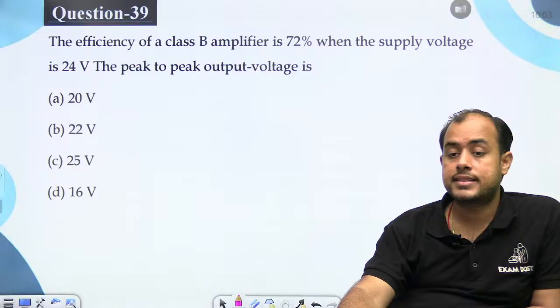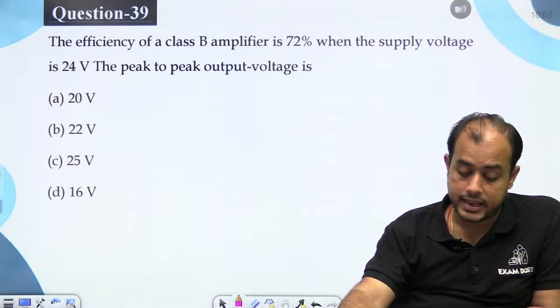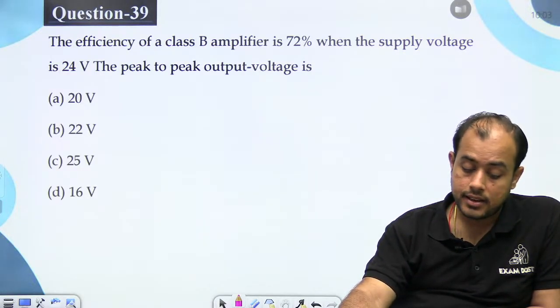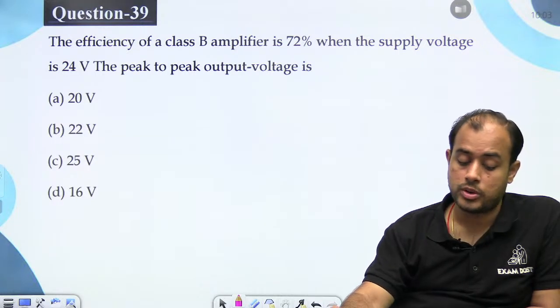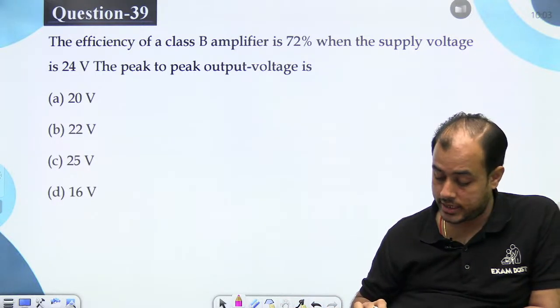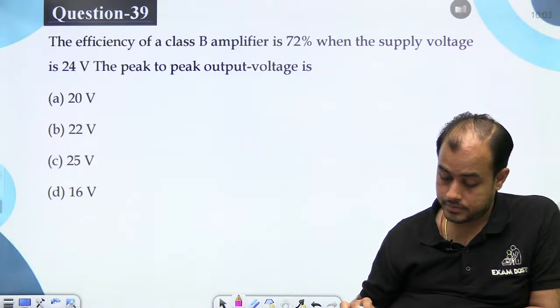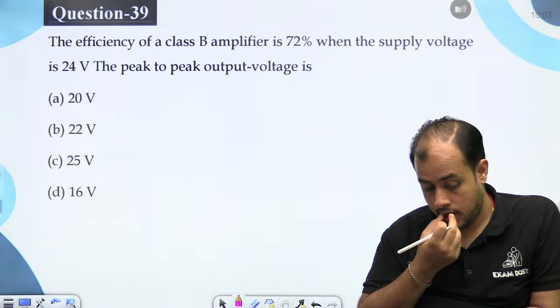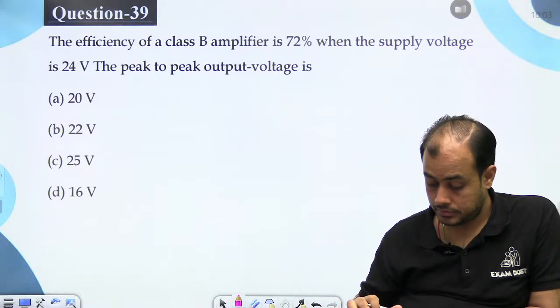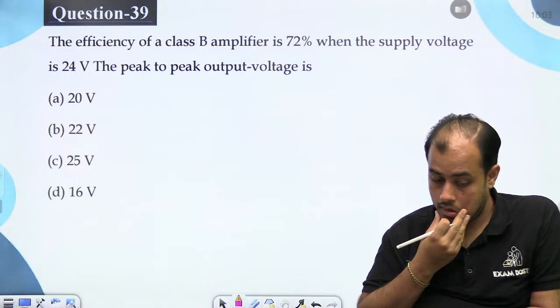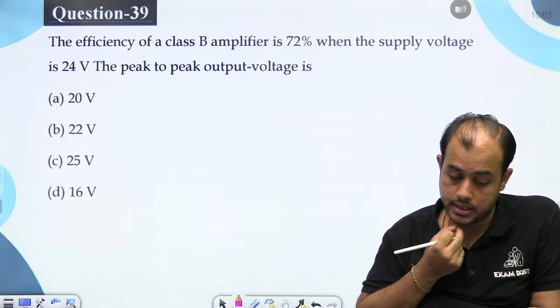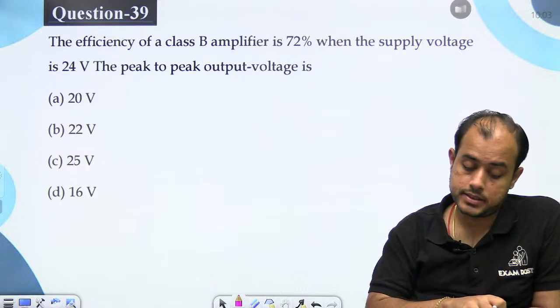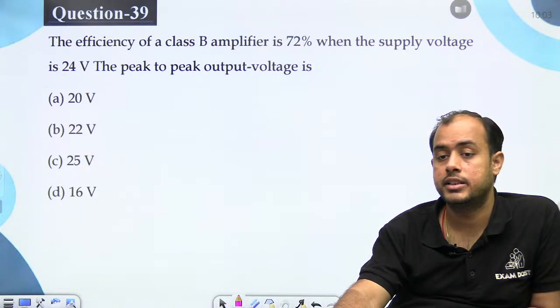The efficiency of a class B amplifier is 72% when the supply voltage is 24. The peak to peak output voltage is. Just a minute. Efficiency of a class B amplifier is 72%. Supply voltage 24, मेरे हिसाब से RMS ही दी होनी चाहिए.